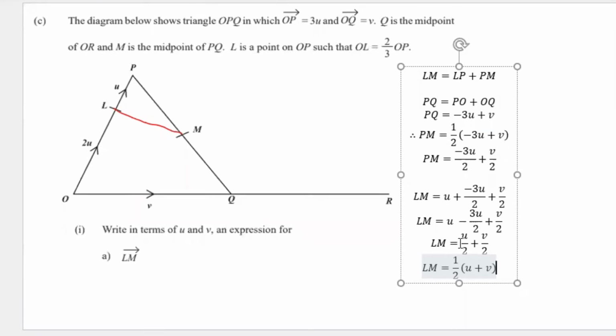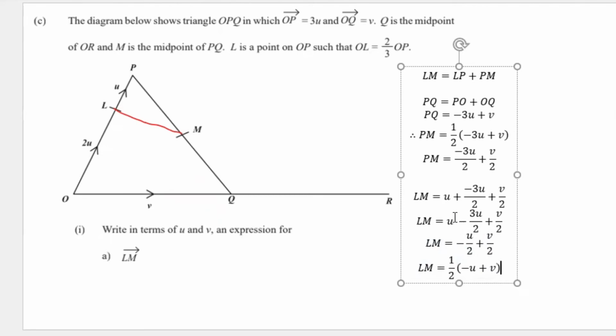By the way, right here this should be a minus sign, because remember, this is u minus 3 over 2. So it wouldn't be a positive term, it would be a minus a half. If we factorize, we'll have minus half multiplied by minus u plus v.